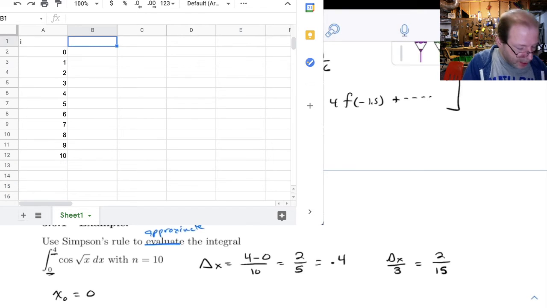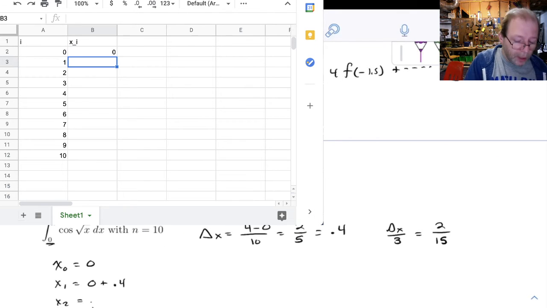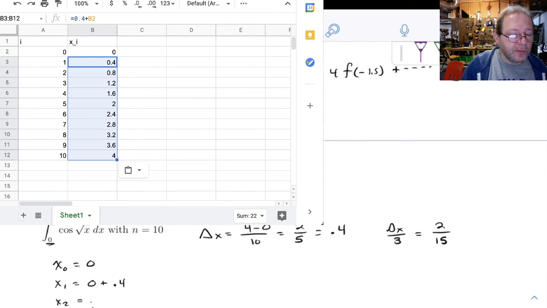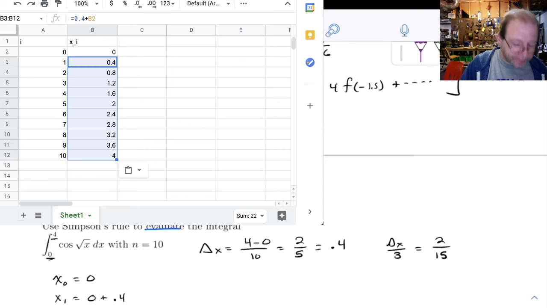All right, now we need our x sub i's. The first one we said was going to be 0. And then we're going to add 0.4 onto these. So if all my calculations are correct, this last one should be 4, and sure enough it is.